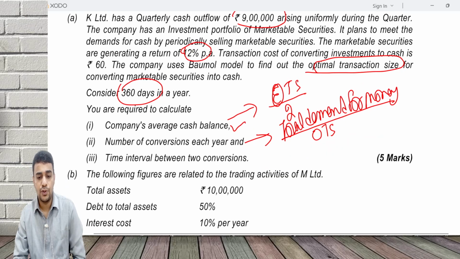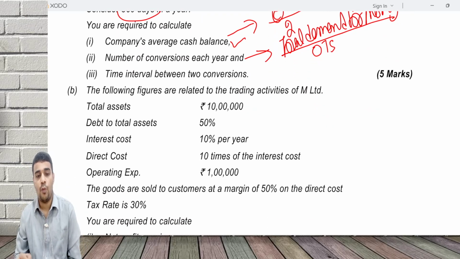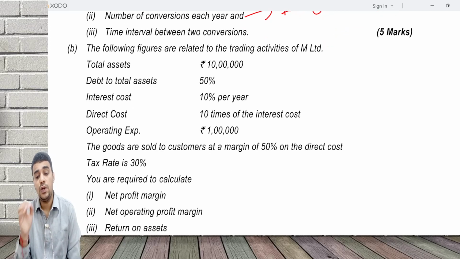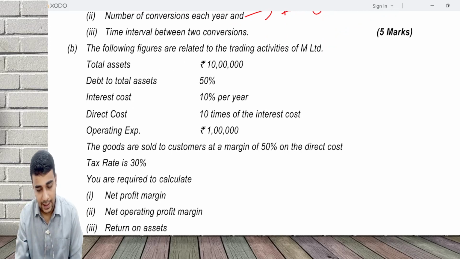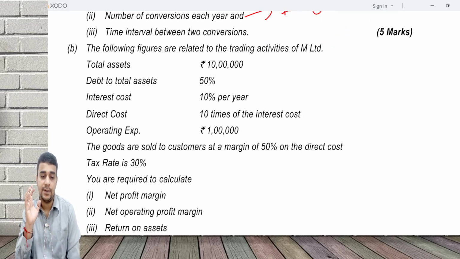Okay, let's move to the next question, which is on question 1B. Following figures are related to the trading activities of M Limited: total assets, debt to total assets, interest cost, direct cost, operating expenses. Goods are sold to customer at a margin of 50% on the direct cost. Tax rate is 30%.